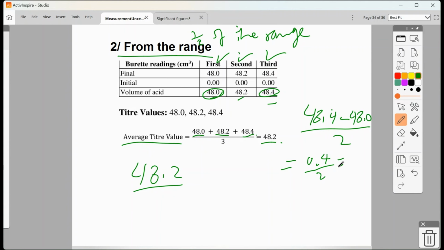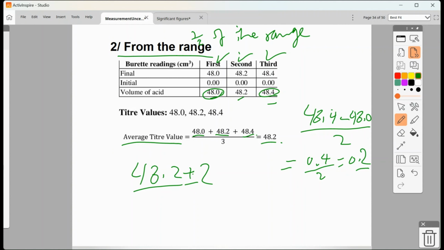Divide by 2. 0.4 divided by 2 is 0.2. So plus or minus, this is the uncertainty. We said last time we put our uncertainty as plus or minus. So plus or minus 0.2.